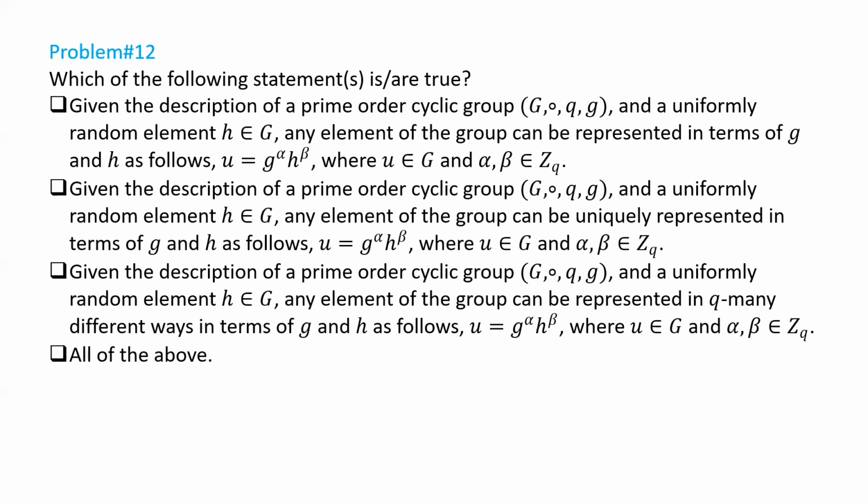So there are exactly Q alpha, beta combinations, where alpha will take all the possible values, like some permutation of 0 to Q minus 1, and beta will also take some permutation of values 0 to Q minus 1 in each such representation, alpha i comma beta i. And Q such representations will be there. So the third statement is correct and the first statement is already correct.